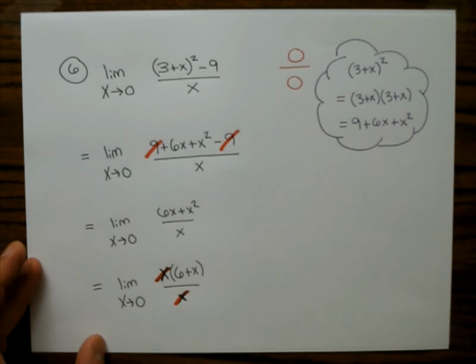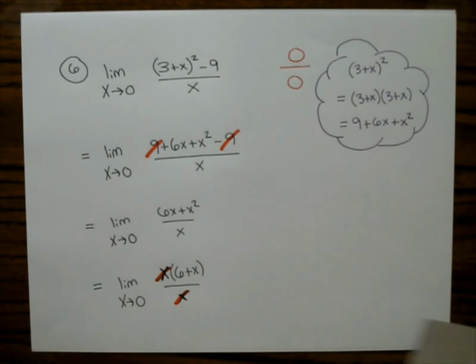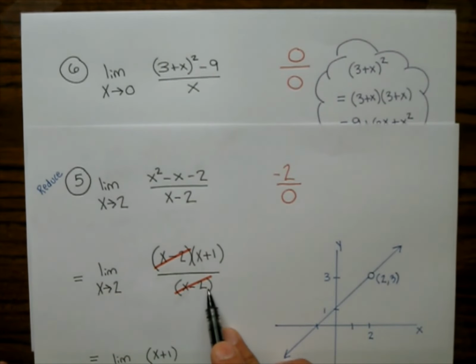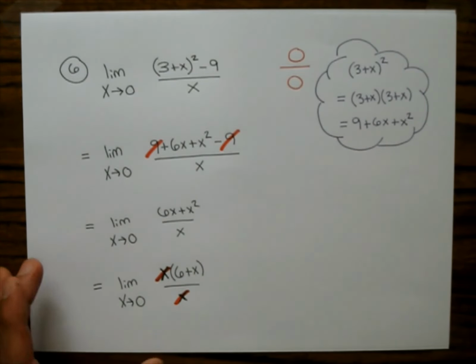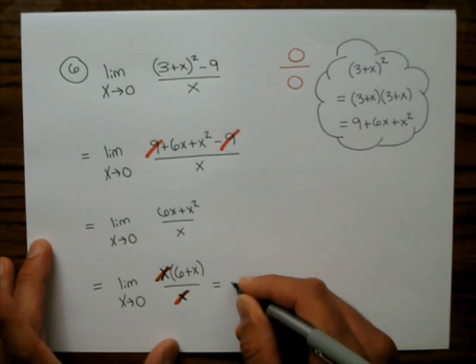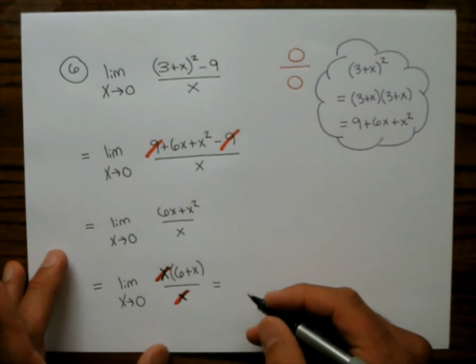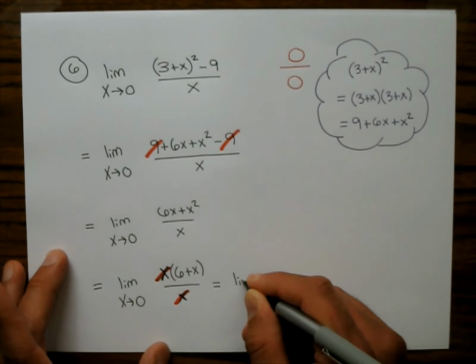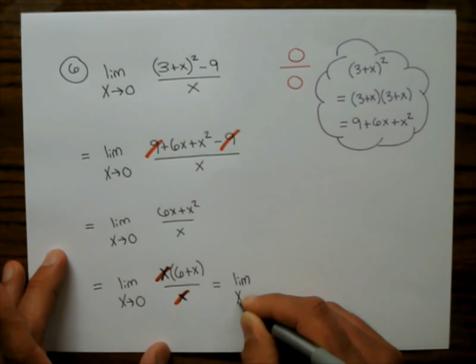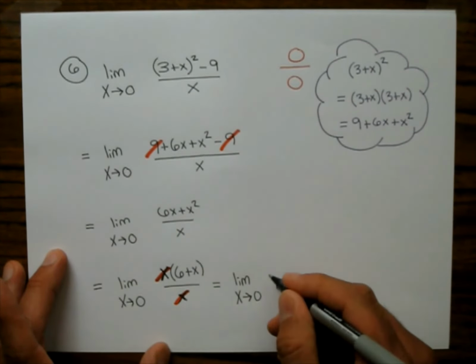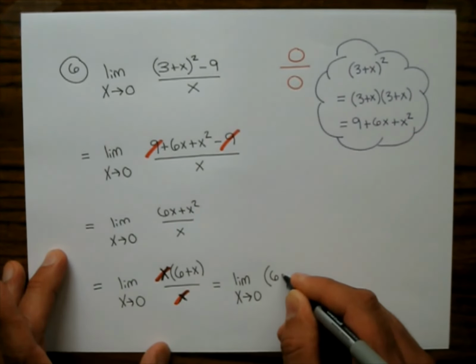Okay, the x's cancel, just like the x minus 2's canceled in the last problem. So let's rewrite this. Basically what we did is there's a hole in the graph. We don't even care about that anymore because it's not really going to help us get our answer. The limit as x approaches 0 of this function here.